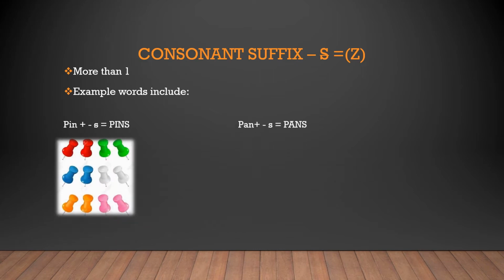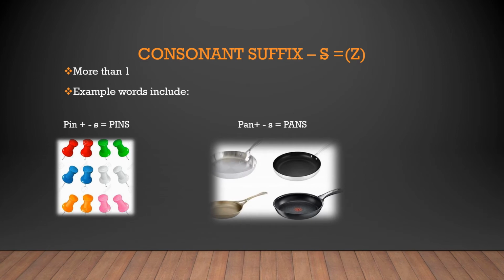We have another base word, pan. Again, pan ends with n, which is voiced. So when we add the consonant suffix s, the s sound will sound like a z, as in the word pans. Let's try another word, lid.